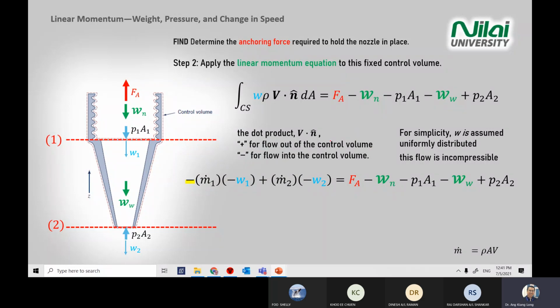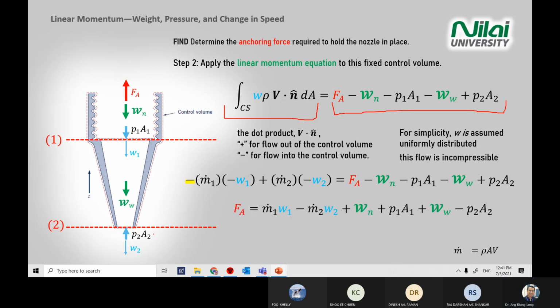All right. So we're done with the explanation for how you expand the forces. The rest is just rearranging the equation, because what we are interested in is your anchoring force. You rearrange the equation in this second equation here, right? Move your FA to the left hand side and then rearrange the equation. The rest is just substitution of all the parameters.